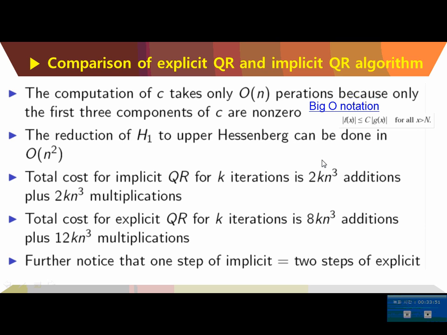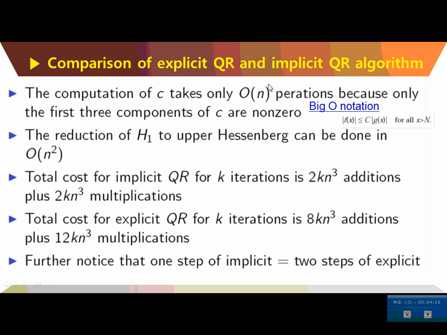And now we compare the cost of the explicit QR and implicit QR algorithms. The computation of C takes only O of n operations because only the first three components of C are non-zero.